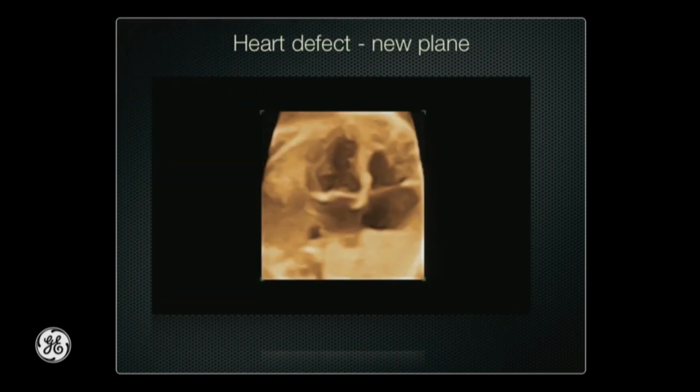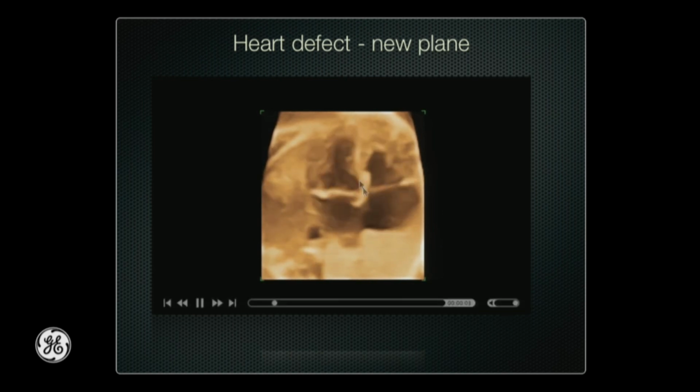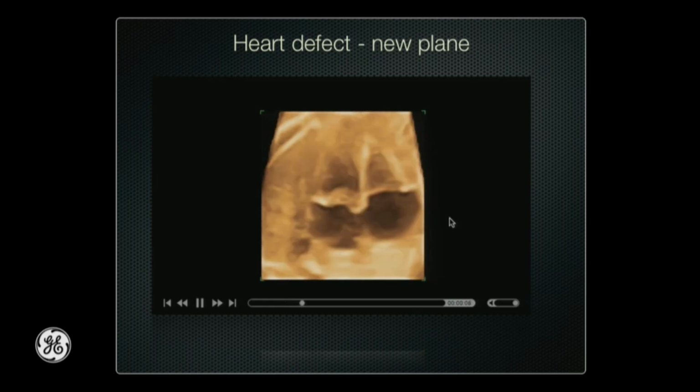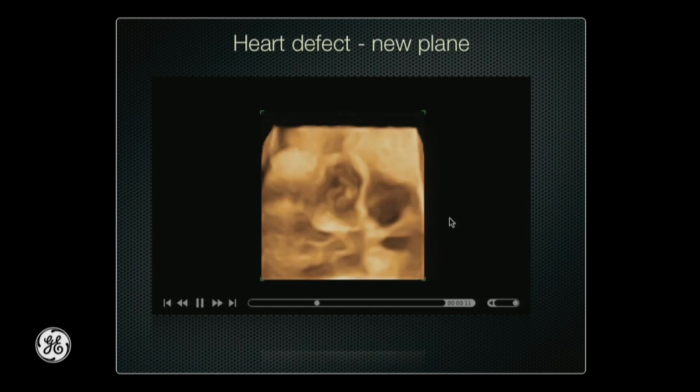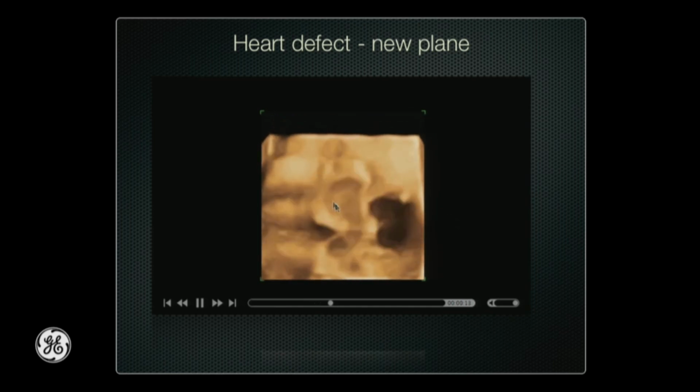So we have these normal valves with the leaflets, and we see from the ventricles these two AV valves. When we do the same in this case, which is a case with an Epstein's anomaly, we have an oblique view through the heart, and for us it looks like a normal four-chamber view. Even if you use it as a clip, if you are not an expert, you don't realize the paradox movement. We rotate the volume via the x-axis, and clearly you see on the left side we have a valve, but on the right side we have nothing, because the valve is deeper in the right ventricle near the apex of the heart.